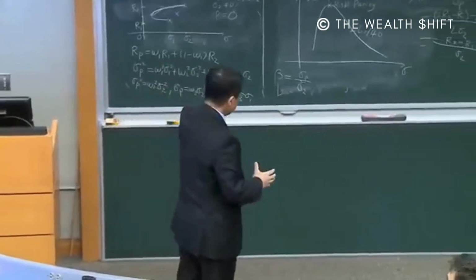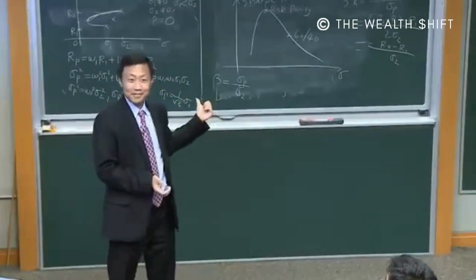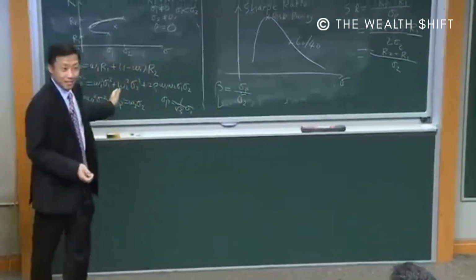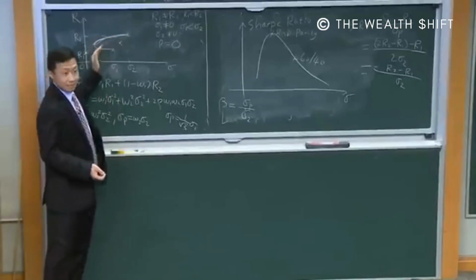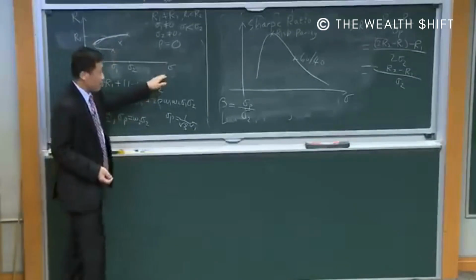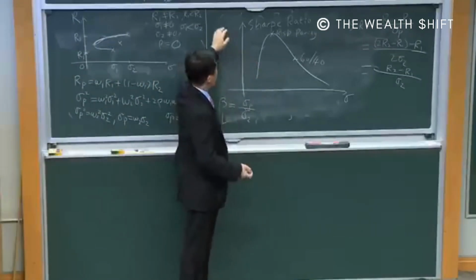But looking at standard deviation or volatility is an elegant way. I can really show you very simple math about how the concept plays out. But in the end, volatility is really not the best measure of risk, in my view.